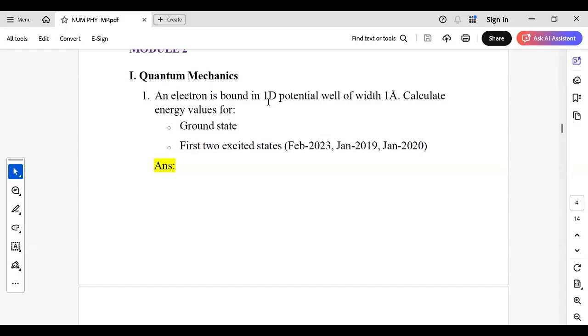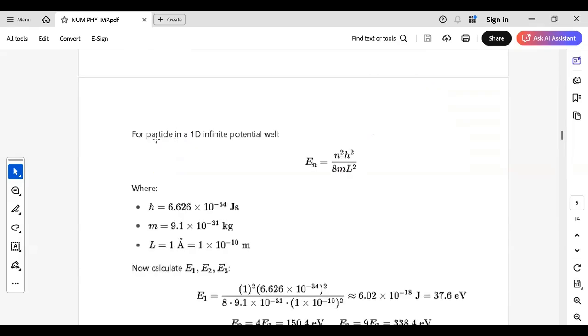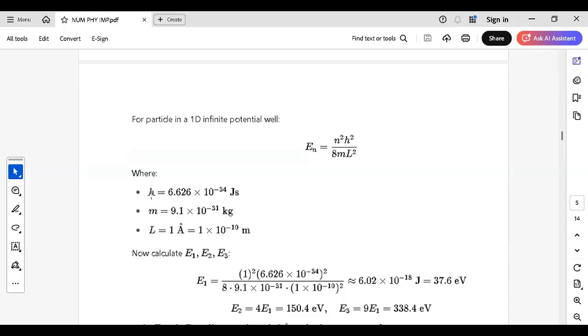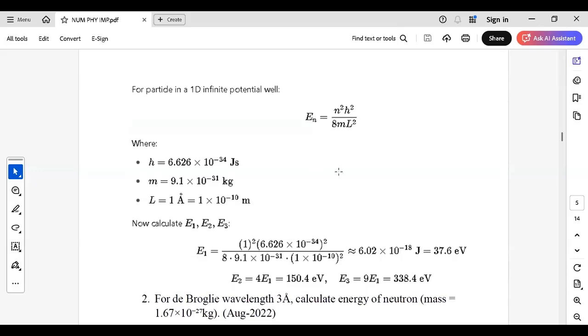An electron is bound in a one-dimensional potential well of width 1 Angstrom. Calculate the energy values for the ground state and first two excited states. For a particle in a one-dimensional infinite potential well, En is equal to n square h square divided by 8 m L square. Knowing h, m and L, substitute all this to get En.